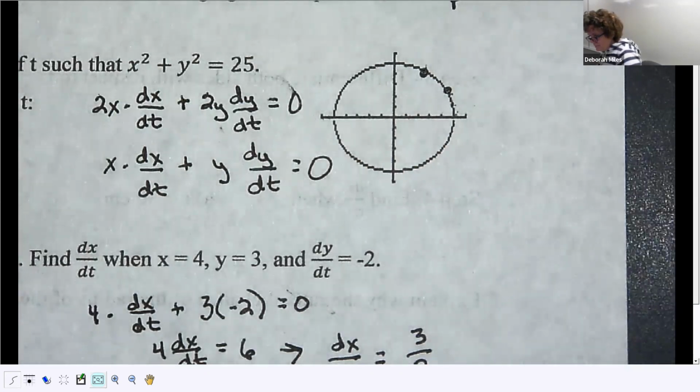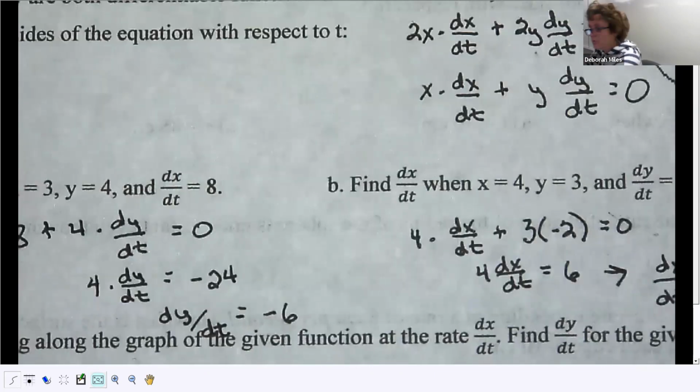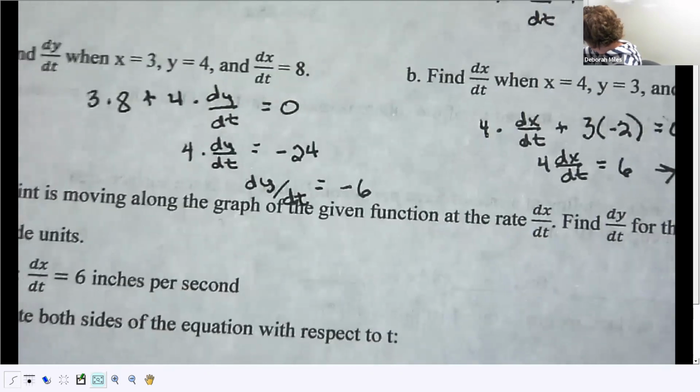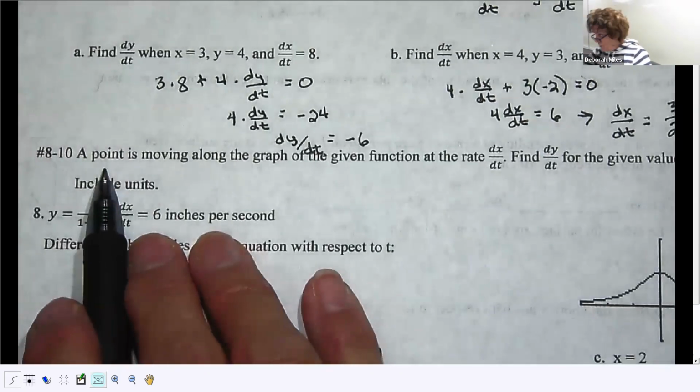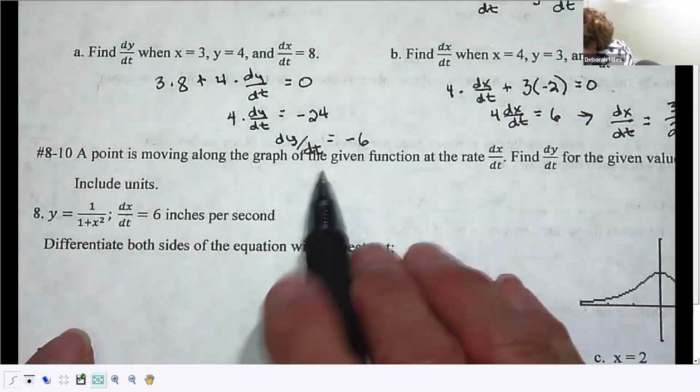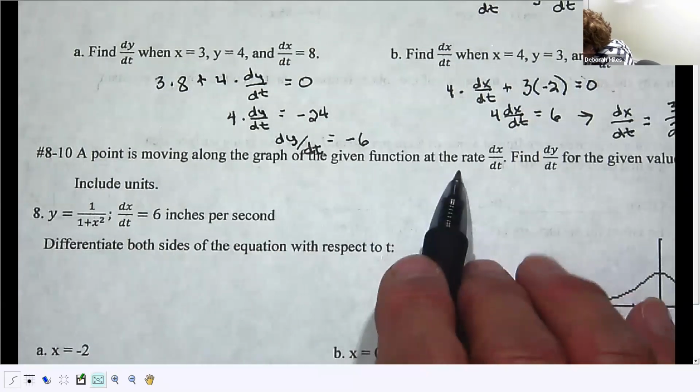All right. Let's keep talking about marbles for a minute. Do a couple more of these. Number 8 and number 10 both say a point or a marble is moving along the graph of the function at the rate given.